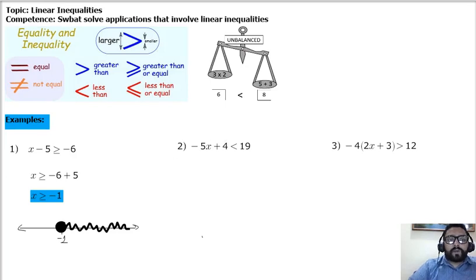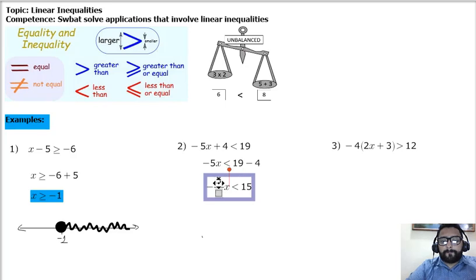Okay. In the second one, we have negative 5x. So we are going to copy negative 5x less than, in this case we copy the less than, 19 minus 4. Then we are going to solve: negative 5x, we copy the less than, and 19 minus 4 is equal to 15. Then we divide by negative 5 here, and we divide by negative 5 here.